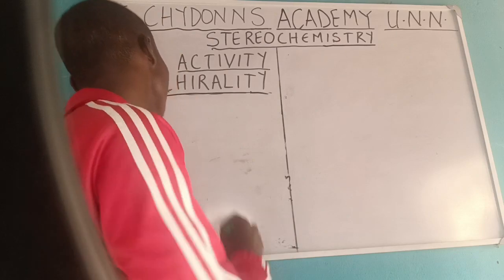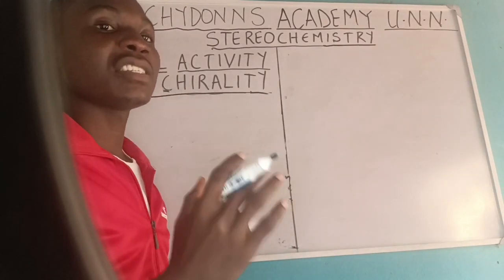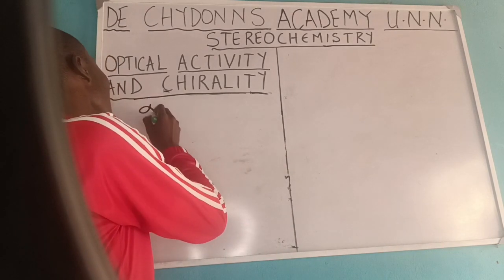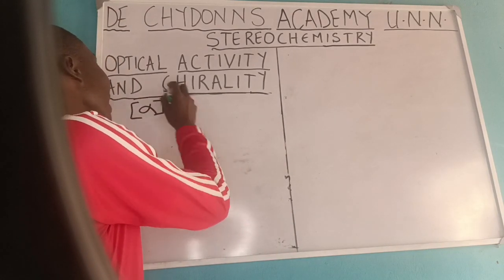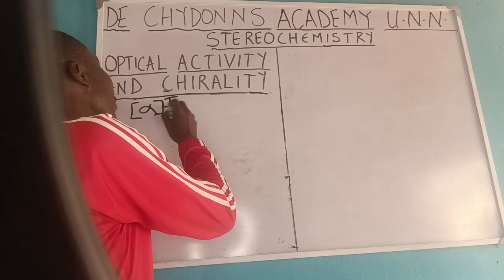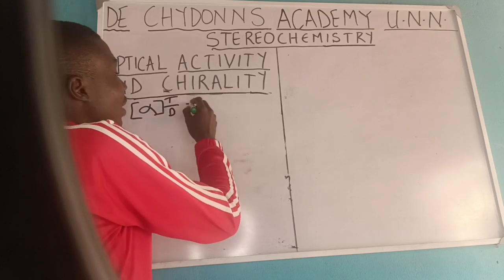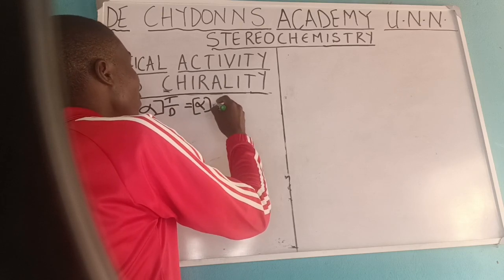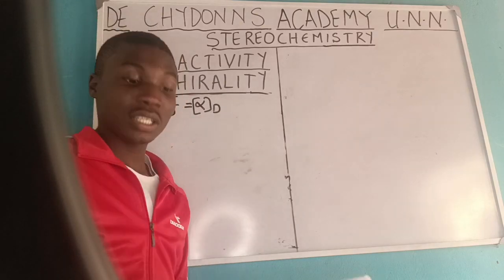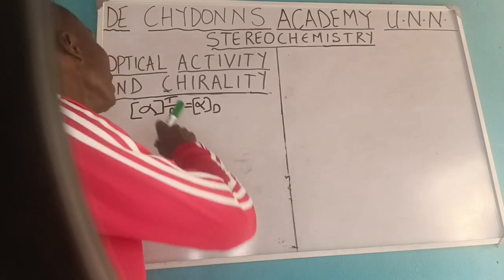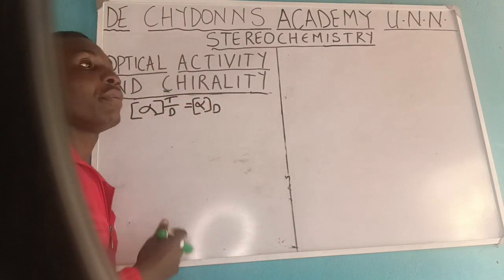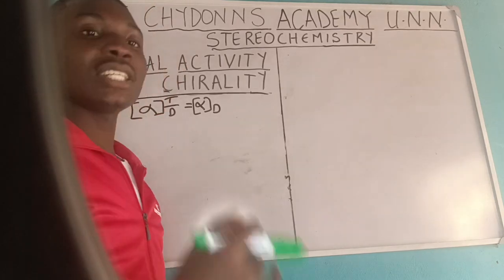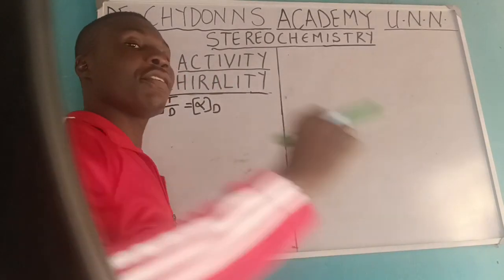Now take note of this. We have what's called specific rotation. Specific rotation is denoted by alpha in brackets, and then we have T over D, or we can also write it as alpha in brackets and then just D. Let me explain what this refers to. This symbol alpha represents specific rotation, which is the rotation that is specific for every molecule.